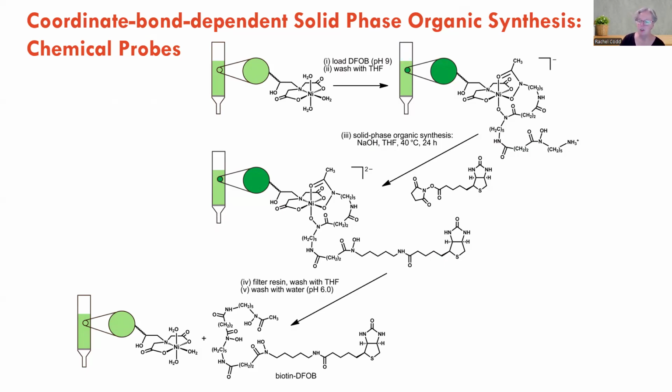Now, what's noteworthy about desferrioxamine B is that I've described the fact that it has these 3 hydroxamic acid units as part of its backbone, but it also has a pendant amine group. And this amine group, you can see here, I've drawn it as a cationic species. This amine group is not involved in forming the complex with iron 3+.